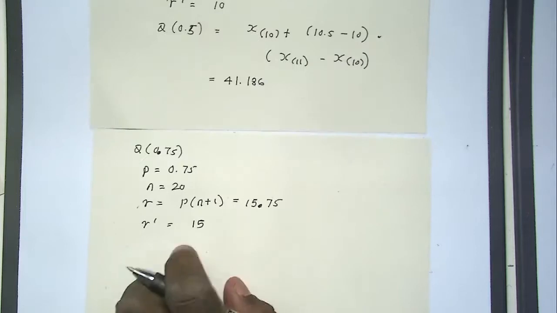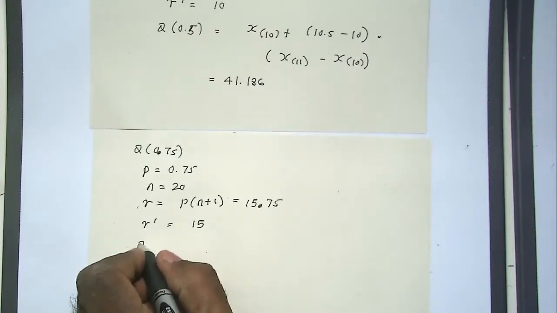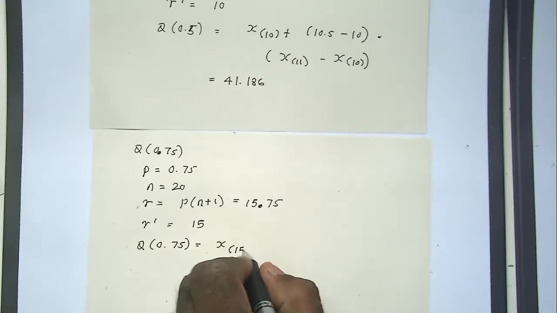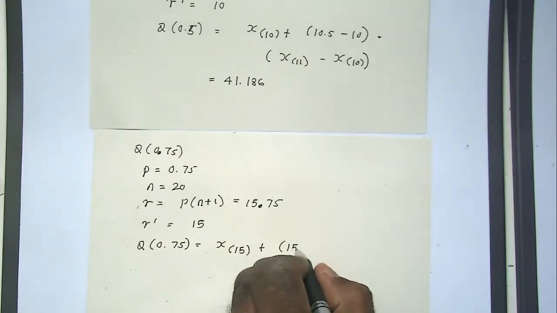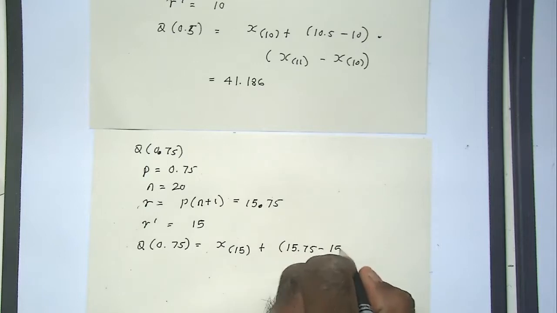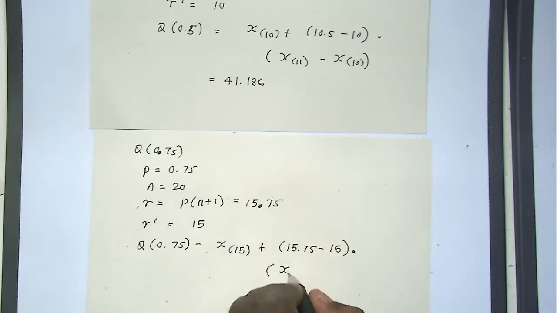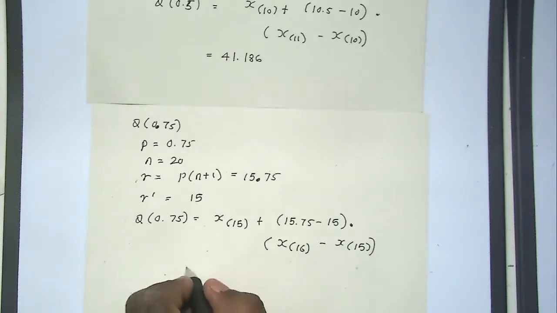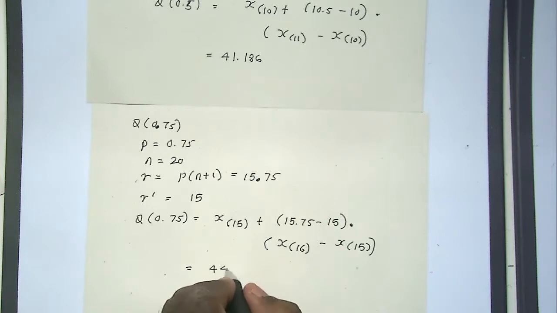So your Q at 0.75 will be X 15 plus 15.75 minus 15 times X 16 minus X 15. If you work this out, it's going to be 44.01975. So this is the third quartile, or Q at 0.75.